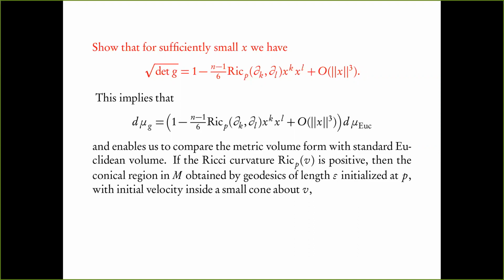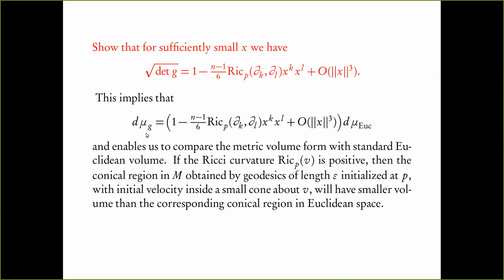What you get is a solid, ice cream cone kind of object. That conical region has a certain mass, a certain volume. And if you calculate that volume for epsilon suitably small using this metric volume form, you can show that it will have a smaller volume compared to the same conical region in the Euclidean space, simply because there's a minus sign here and the Ricci curvature is positive.